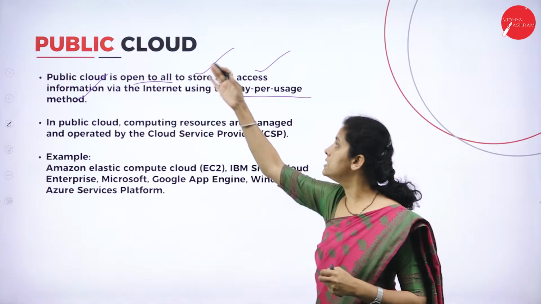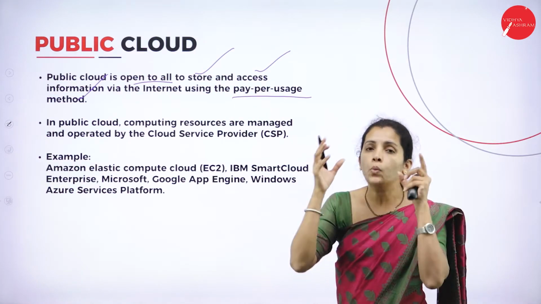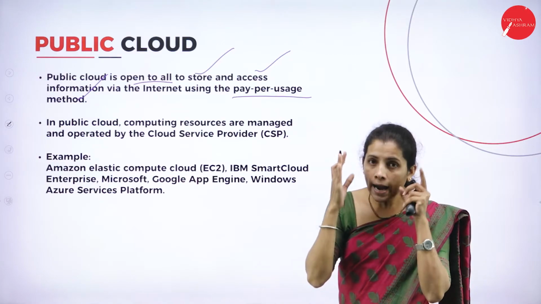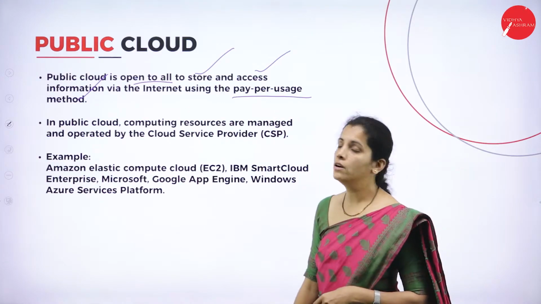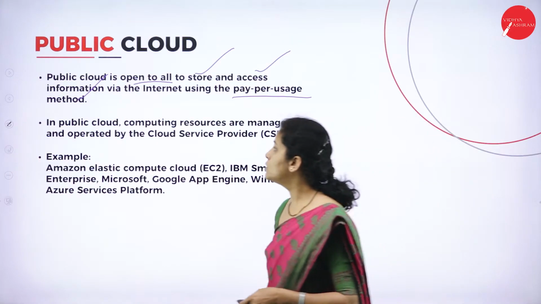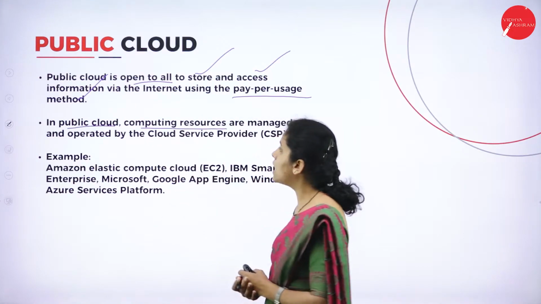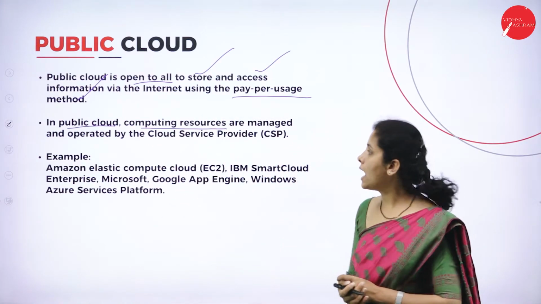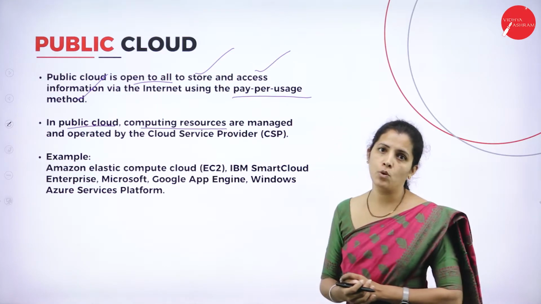Similarly, if I consider cloud, I'm going to demand the resource, and for the resource I demanded, I'm going to pay the money. So it is the pay-per-usage method. Public cloud computing resources are managed and operated by the cloud service provider.